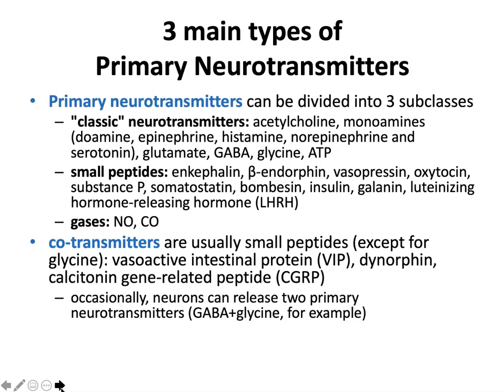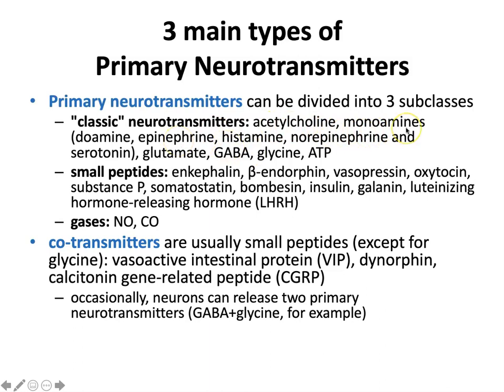And so just before we get into the specific biochemical divisions of these neurotransmitters, you should know that there are basically three different types of what we consider primary neurotransmitters. There are the classic neurotransmitters, many of which are small amino acids, right?